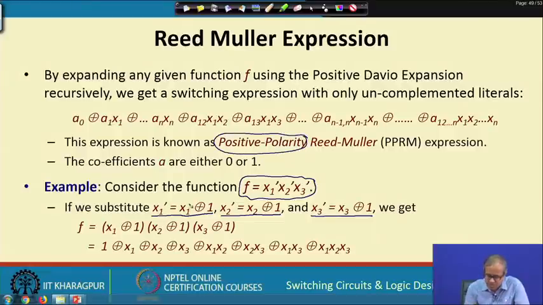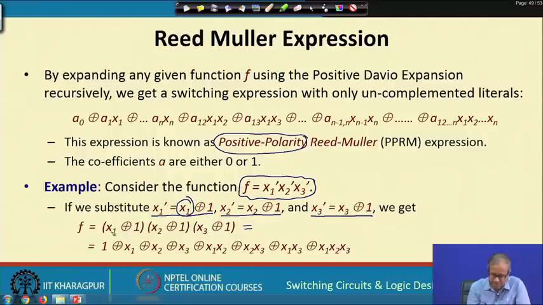So, this x 1 bar we have made it x 1 XOR 1 because XOR 1 means complement. So, we have eliminated the bars like this, and if you put it here it will be like this, and you know that this AND is distributive over XOR, you go on multiplying. So, I have skipped a step, you can do it like this.